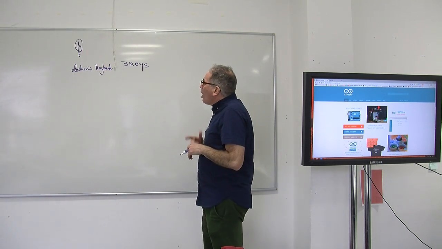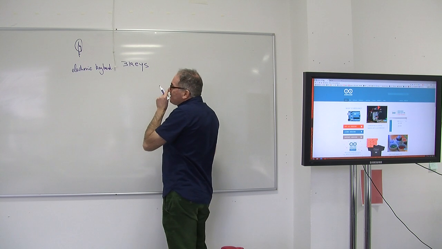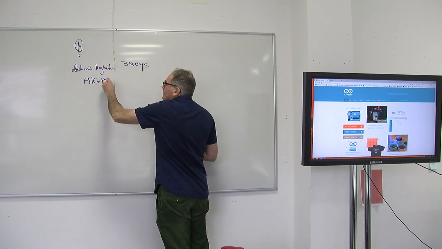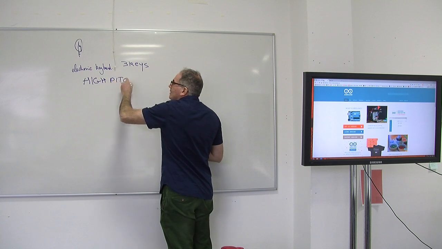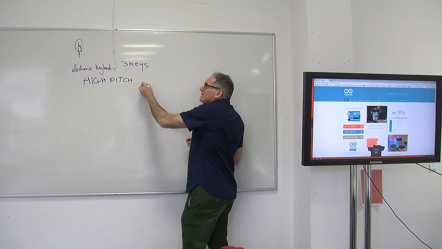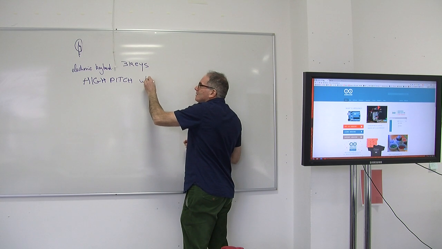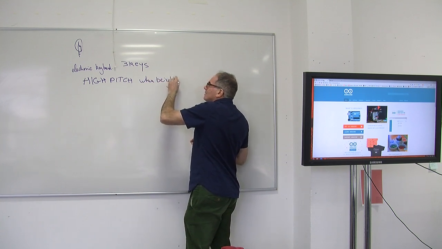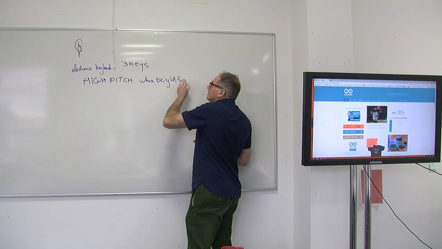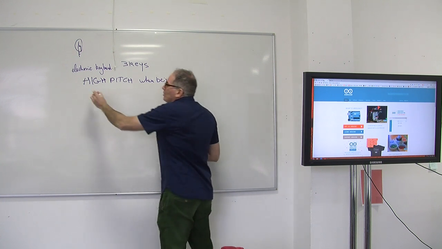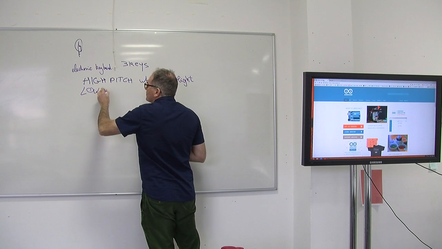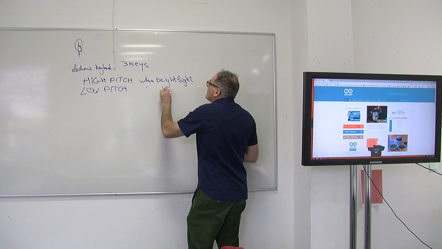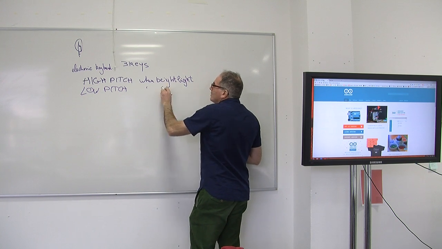So, how do we do that? We want 3 keys, and we want high pitch when there's bright light, and we want low pitch when it's getting dark.